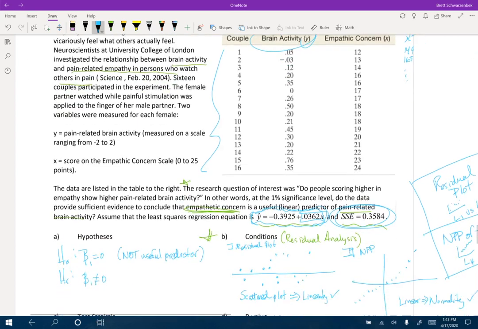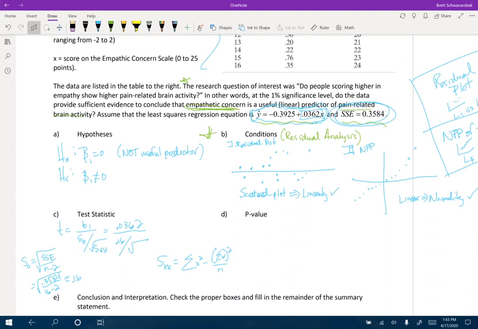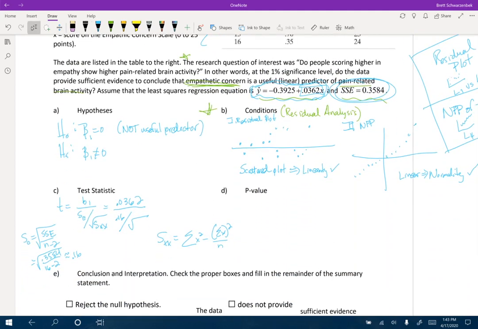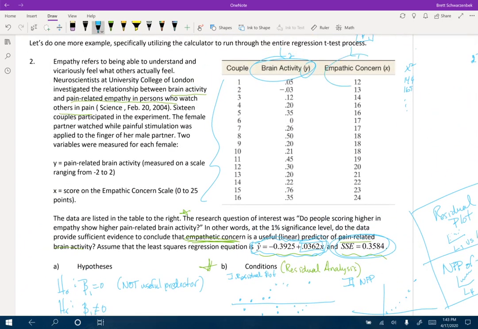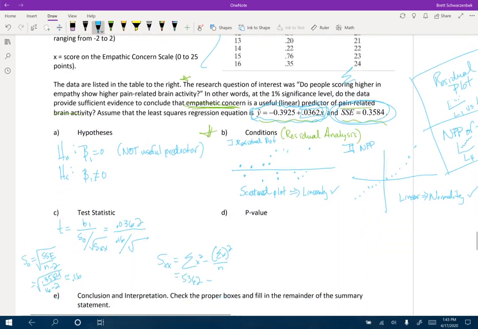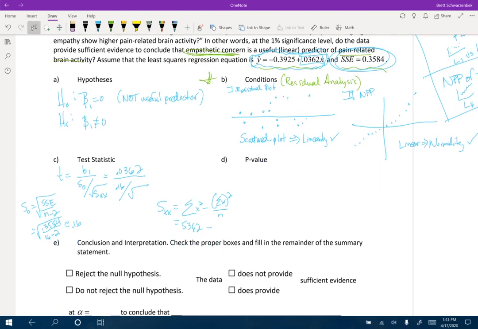You find the sum of that squared column, and you're going to get a very large 5,362, minus the sum of the x column. You find the sum of these numbers here, and you're going to get 288. You square that over 16, our sample size, and we get 178, which we throw here. Okay, so if we do that calculation, we're going to get a t-test statistic of 3.02.